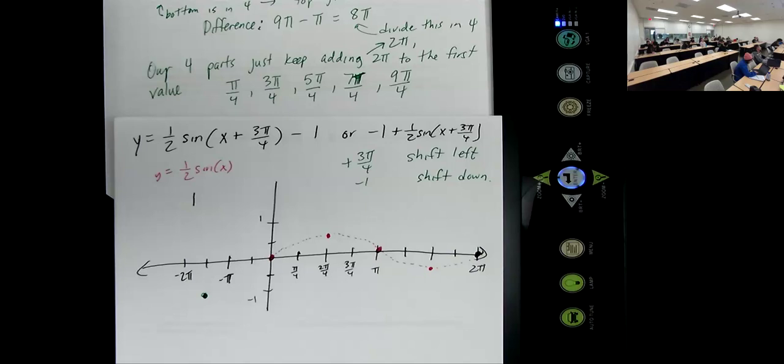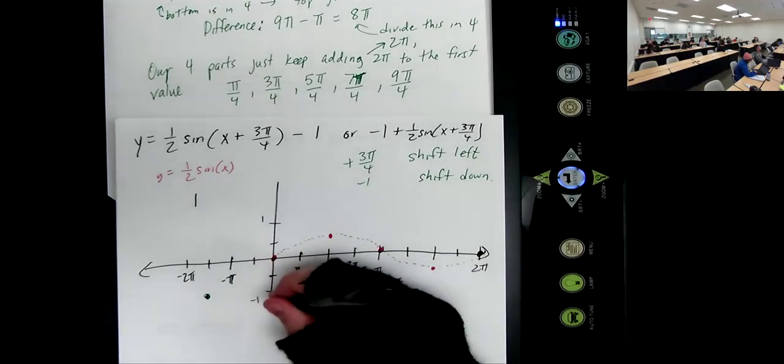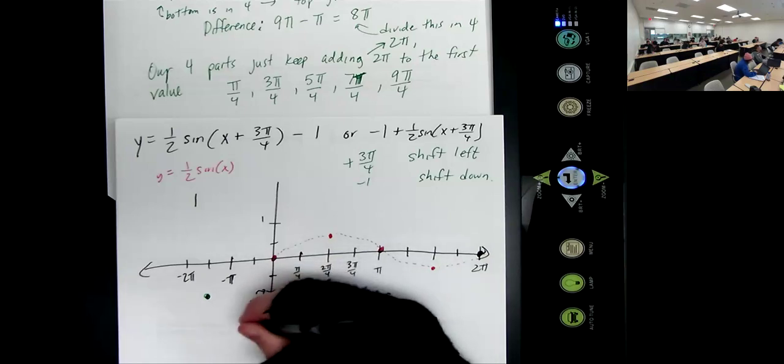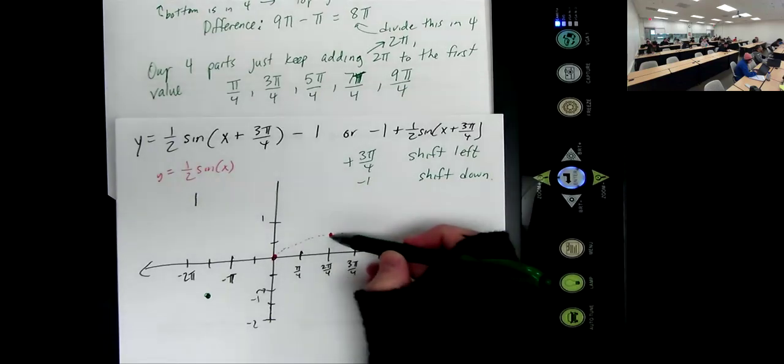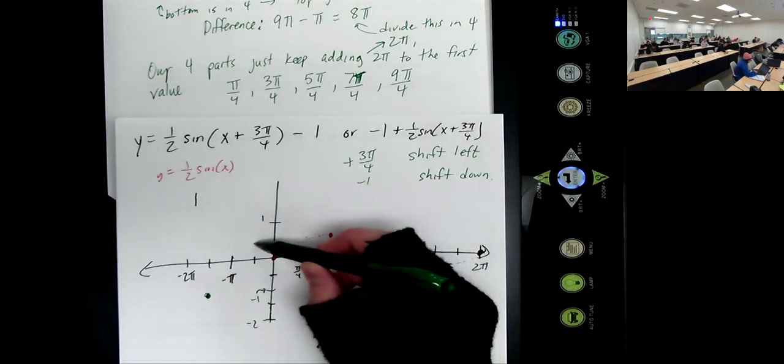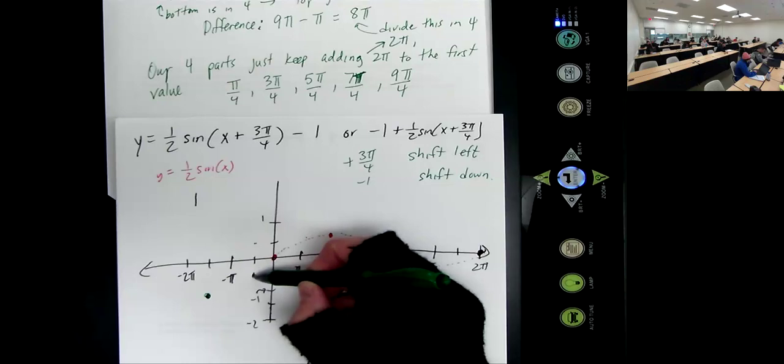I guess I need another little half mark going down. And then this one goes left 3 pi over 4, down 1, which is right there.